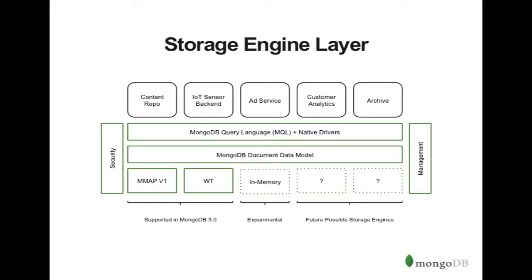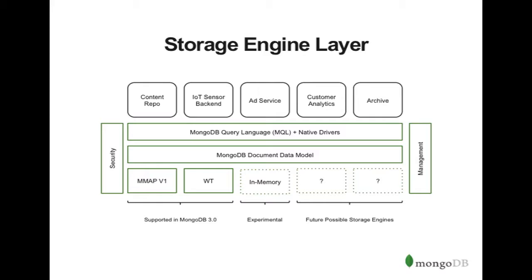Ideally, or at least our hope is that with mmap v1 and WiredTiger, between the two, we cover a solid percentage of most common use cases, and we'll be filling in gaps along the way as we go. But I want to stress and emphasize that it's the bottom layer of the stack, such that the query language will always be the same regardless of the storage engine, and the data model and everything should be fairly transparent.